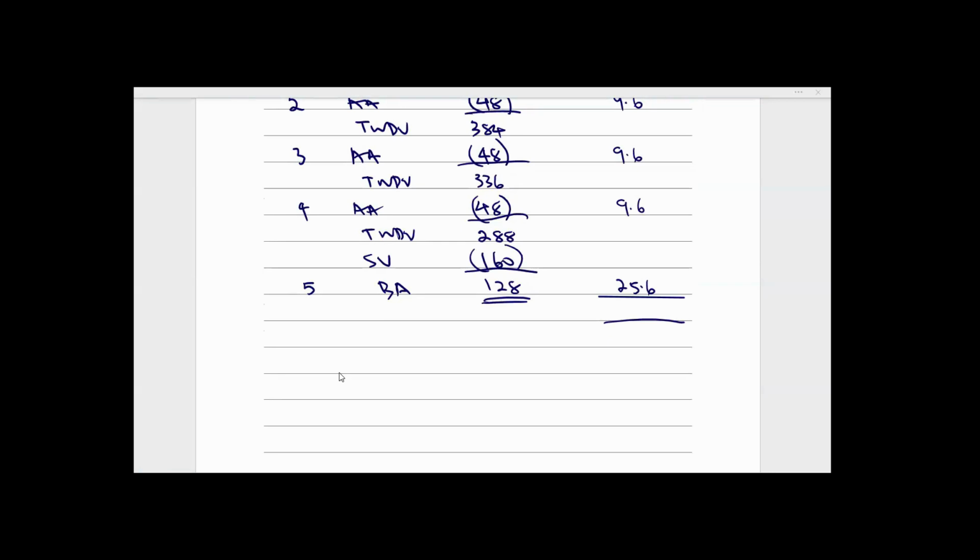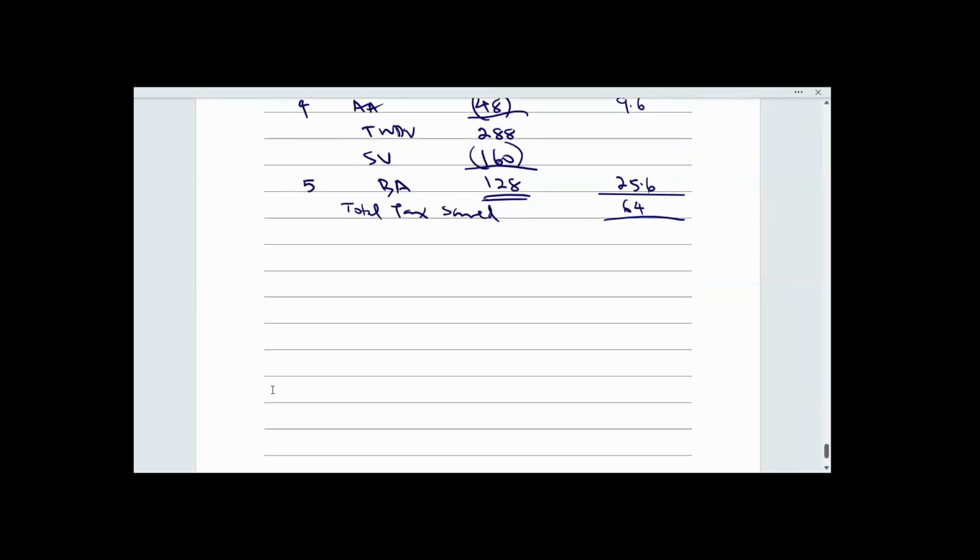That's 64. 64 million is the total tax saved. The total tax saved should not be more than the total capital allowance claimable.